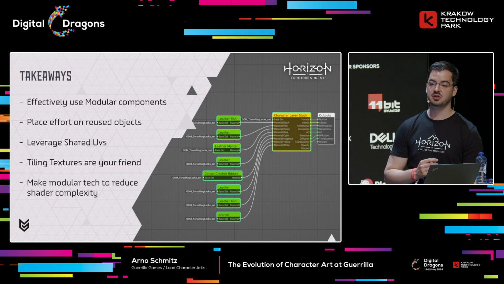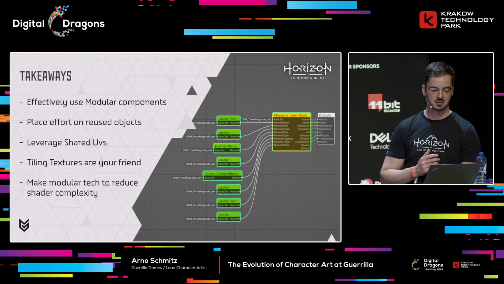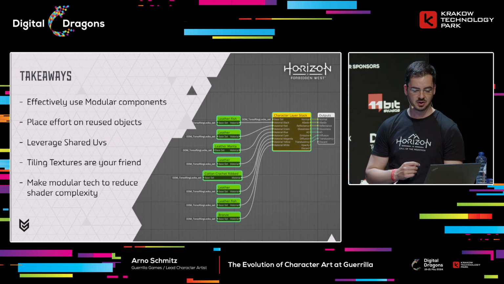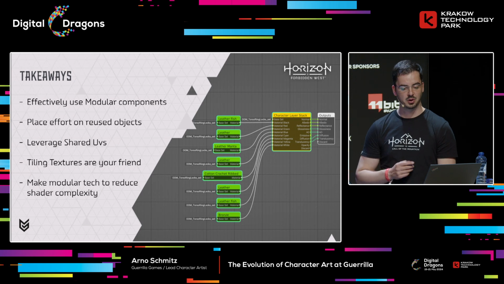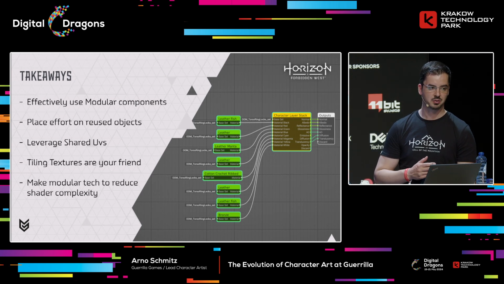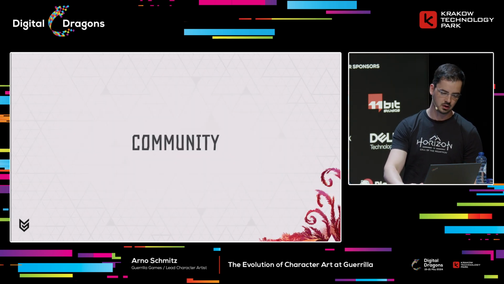It had a lot of cool features, but was really expensive. While for Forbidden West, we have our layered material in Decima, where we can plug in up to 8 materials. So if we have a material that just requires 3, we can just plug in 3, and the material becomes a lot cheaper and better optimized, and this way, we have much better control over how we optimize our content. And that's it for all the takeaways.